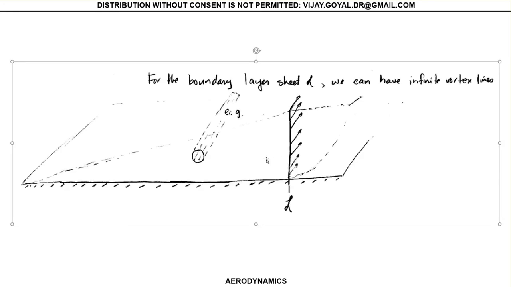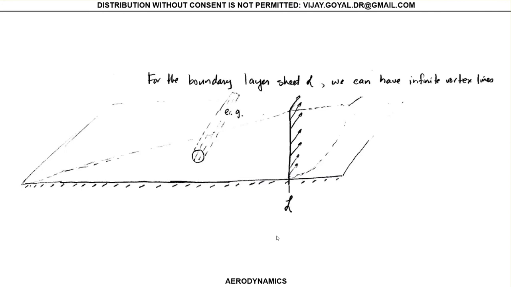If I had a boundary layer sheet, we can have an infinite number of vortex lines. So consider this. Think of a vortex tube, okay? Inside this vortex tube, what you can see is this is the boundary layer, right? This is your boundary layer that's going here. This is what your boundary layer forms, right?